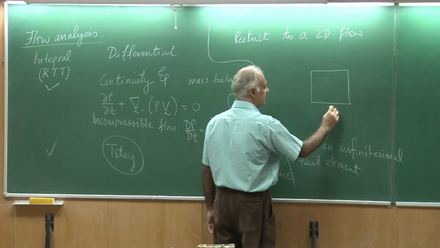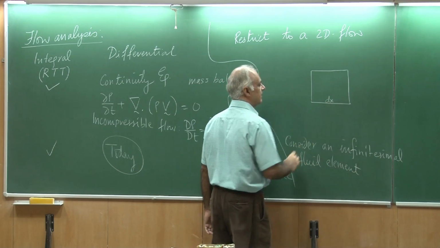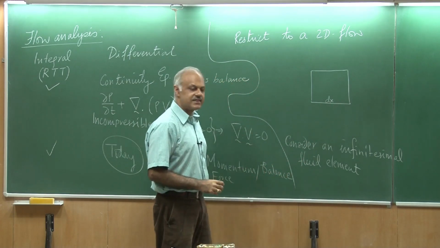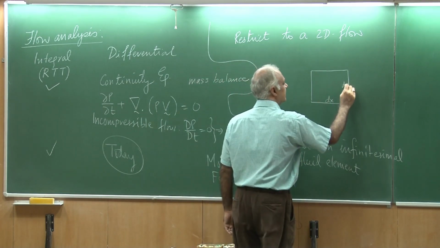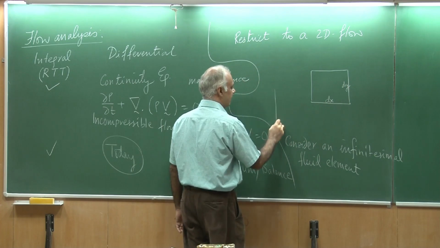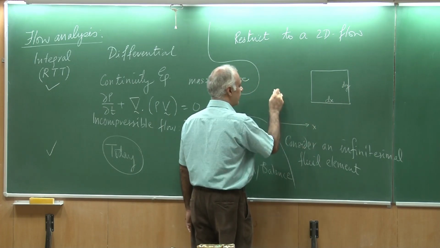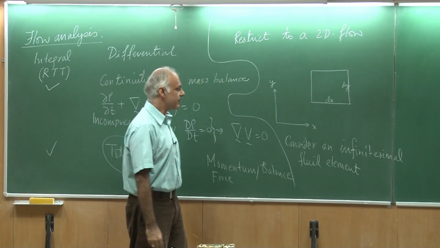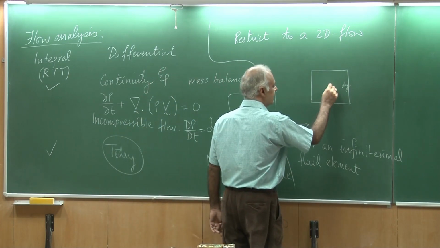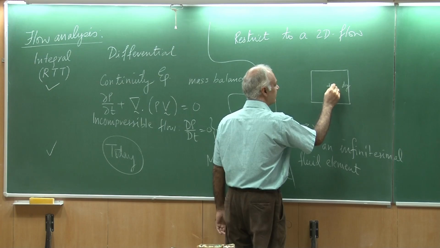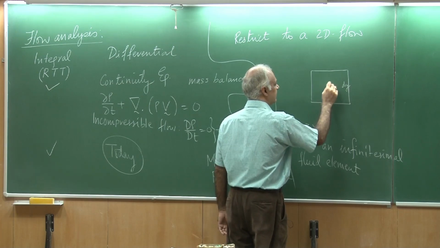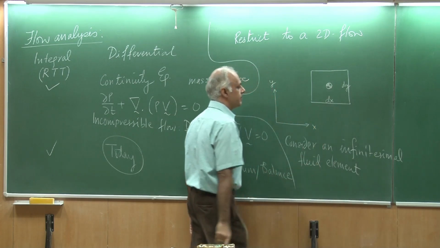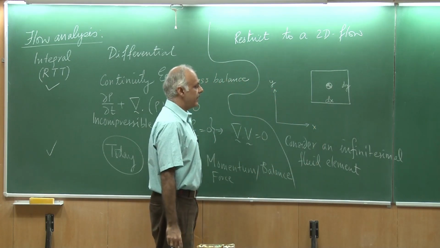This has, as expected, a length dx in the x direction, a length dy in the y direction, and before I forget, let me draw the flow axis x and y. Now, this is something like the center of gravity of the element.